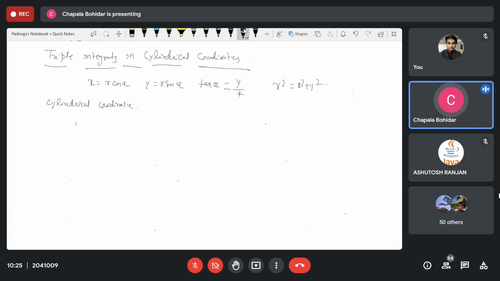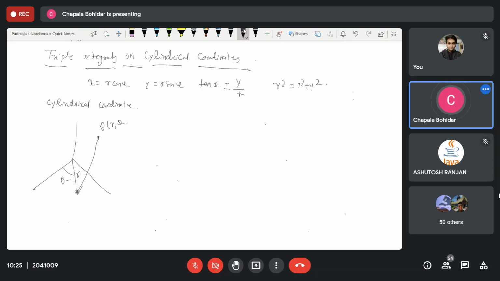So here you see the figure. It is your xy plane. Say this is your r. From this r, draw a line parallel to the z axis. That is the point P. This is r, and this angle is theta.